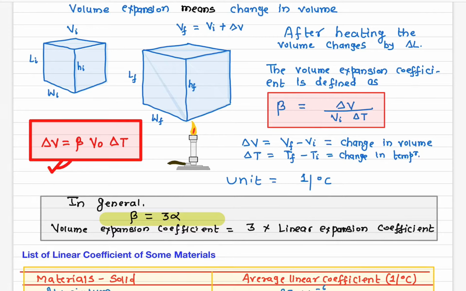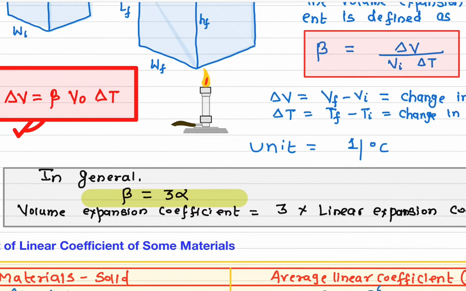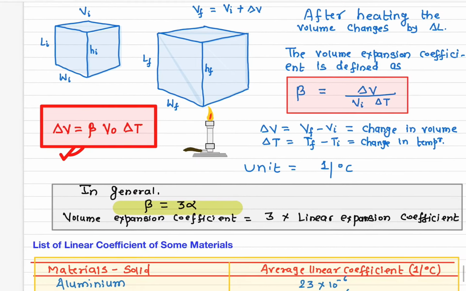Here I have not done it mathematically, but I would like to point out one note: the volume expansion coefficient is approximately, not exactly, equal to 3 times the linear expansion coefficient alpha. What does that mean?